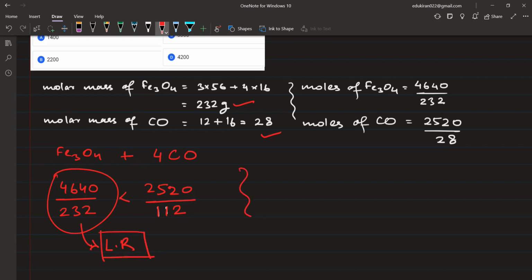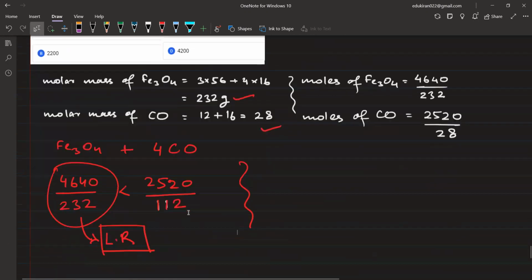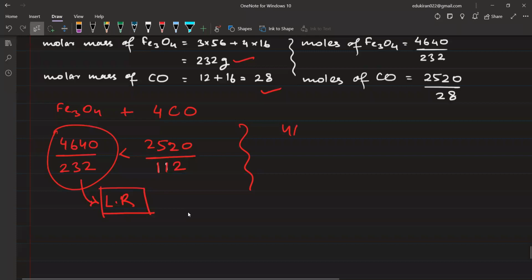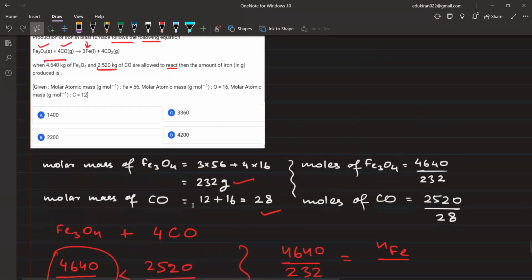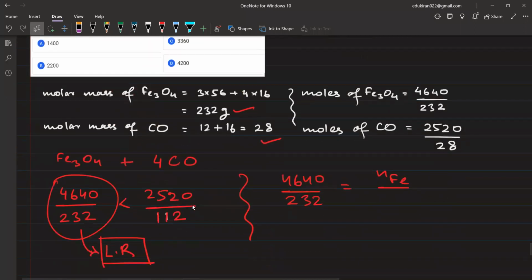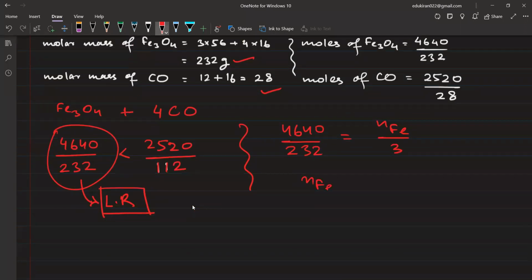Now what do you have to find? They are asking the amount of iron formed. You have 4640 upon 232 will be equal to the number of moles of Fe divided by the coefficient. Coefficient will be 3, right? The number of moles of Fe will be equal to 4640 divided by 232 into 3. This is the number of moles.